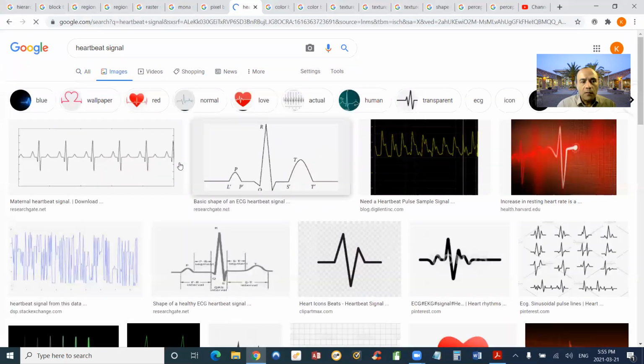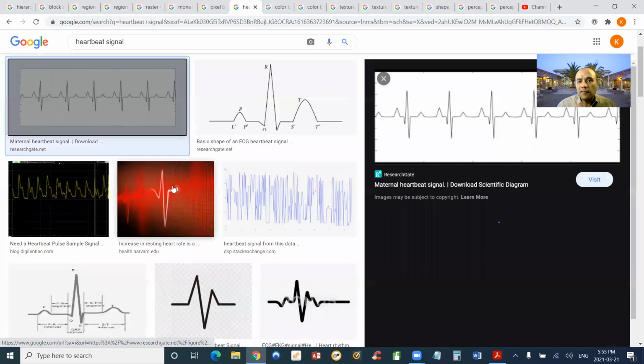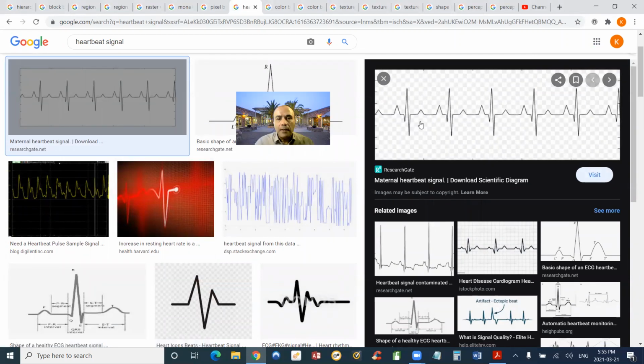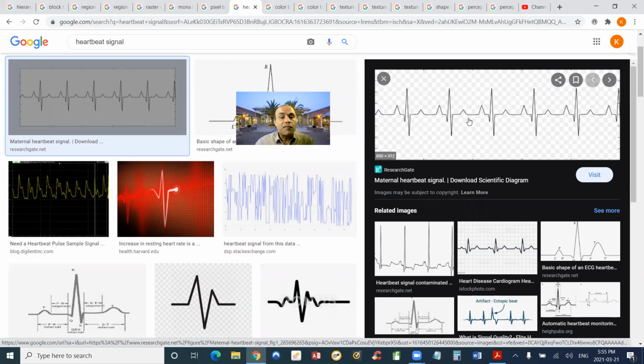And the heartbeat signal is really like this. This is my heartbeat signal. And it has a specific pattern. There are different components of a heartbeat signal. And as soon as you enter into that domain, biomedical engineering, biomedical science, you're going to identify different types of signals in this complex repetitive signal, okay?